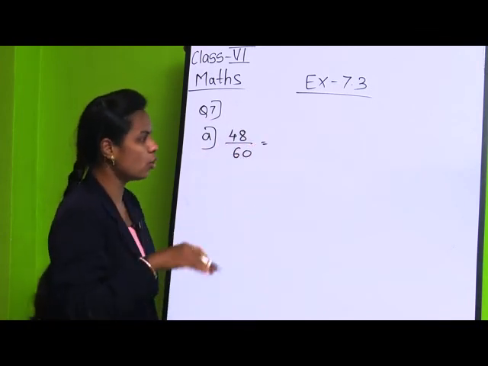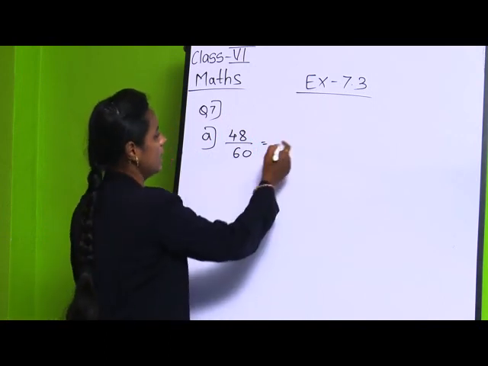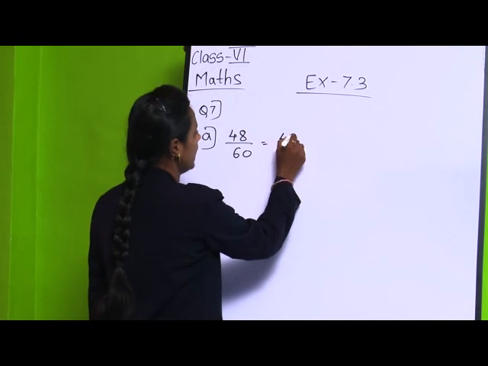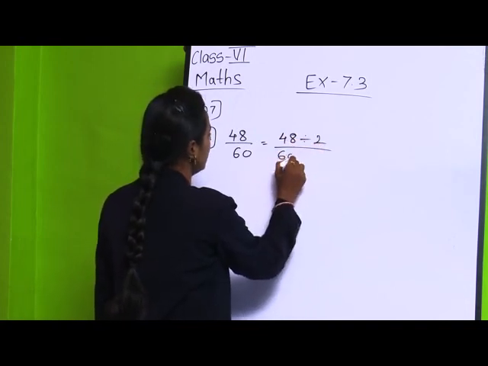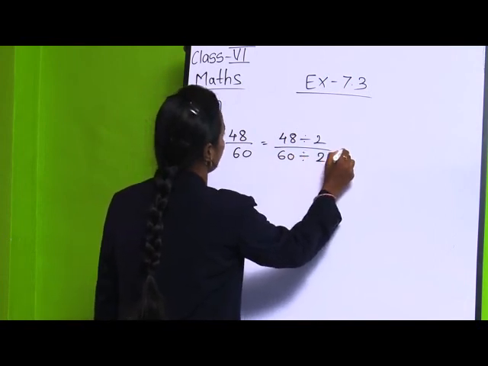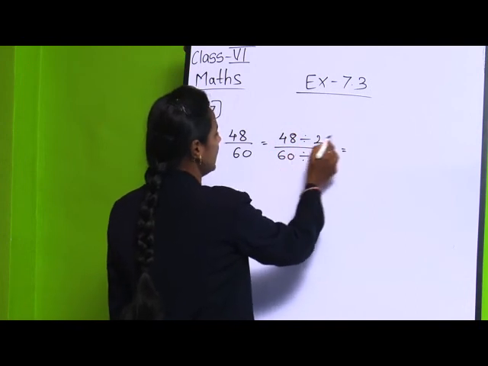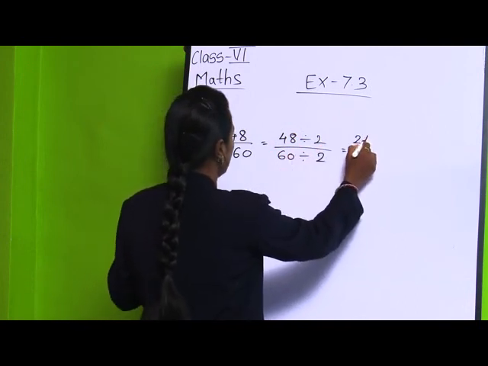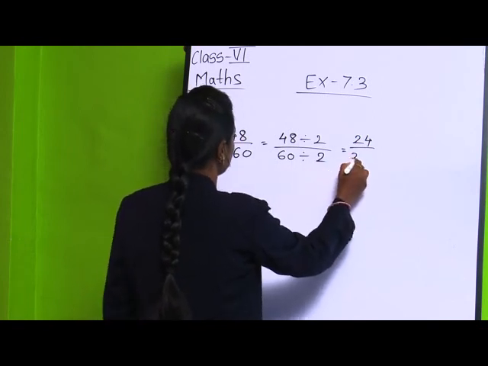So we need to convert it into lowest term. So what we'll do? We'll divide it. So we'll divide 48 divided by 2 and 60 divided by 2. Okay. So we have 48 divided by 2, 24, and 60 divided by 2, we have 30.